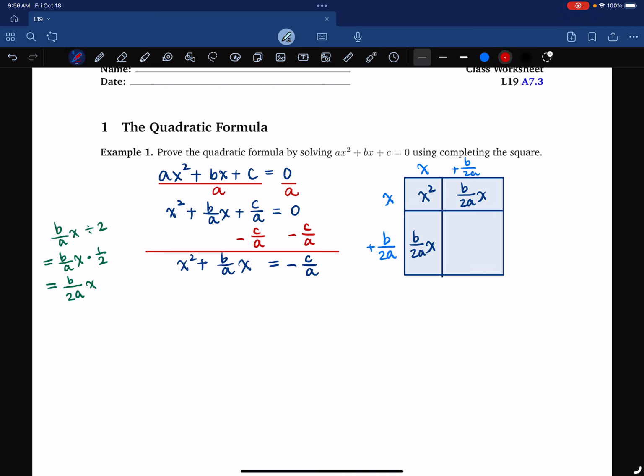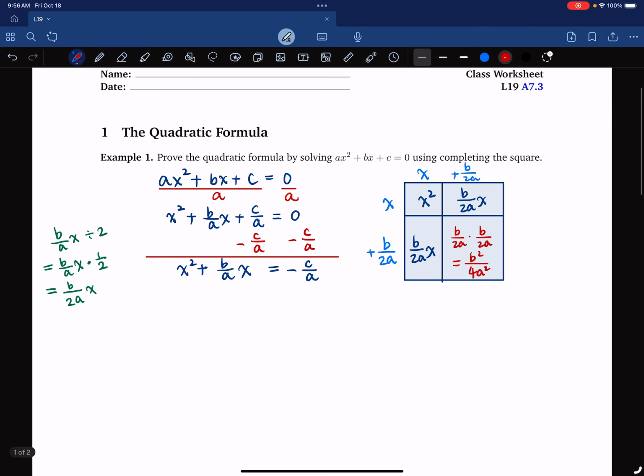So to calculate this area, we simply do b over 2a times b over 2a, and that gives me b squared over 4a squared. This is the number that we're going to add to both sides of the original equation so that we will complete the square. As you can see visually, we complete the square. Let's do this addition right here. I'm going to add b squared over 4a squared on both sides.